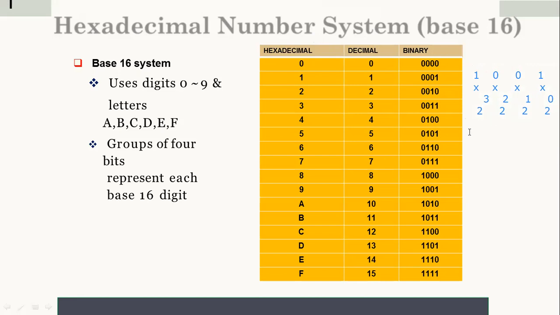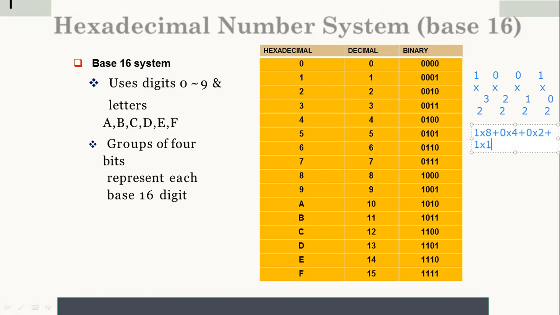What is the result? 1 into 2 cube means 1 into 8, plus 0 into 2 square, that means 0 into 4, plus 0 into 2 power 1, that is 0 into 2, plus 1 into 2 power 0, that is 1.